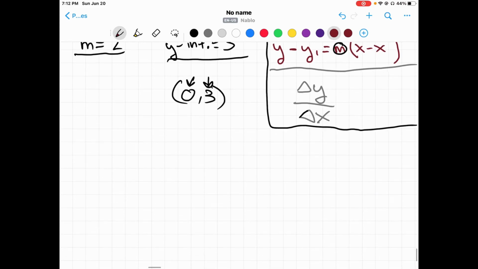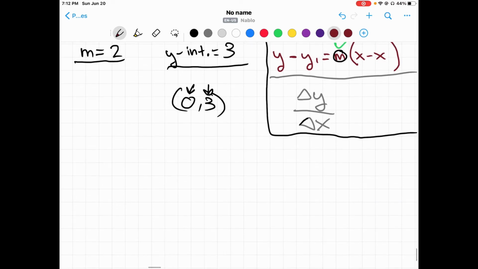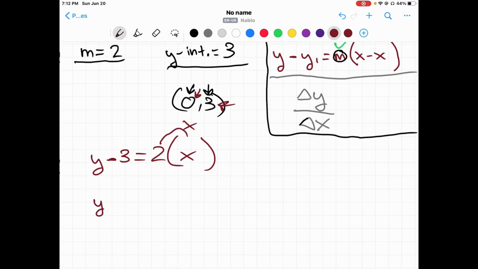So let's go ahead and do that. We would do y minus y1. So y minus 3 equals 2, which is the slope, multiplying x. In this case, it's minus 0, so it would just be x, since 0 is x1. Now, let's go ahead and distribute, and we'll get y minus 3 equals 2x.